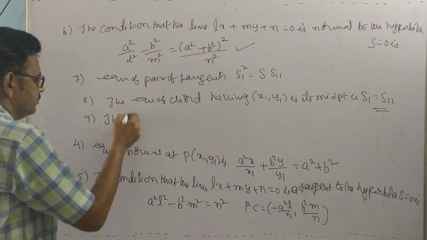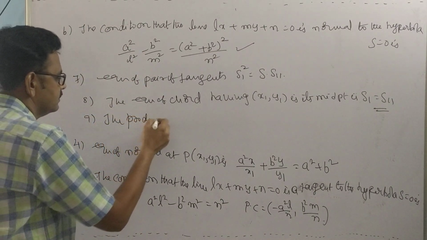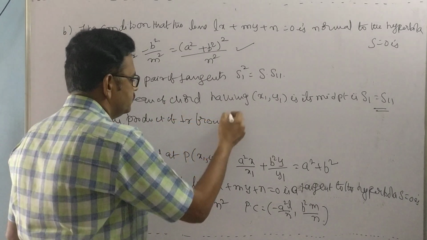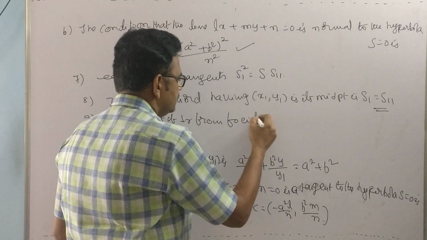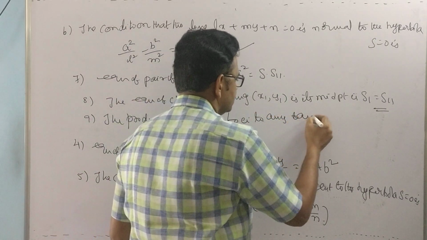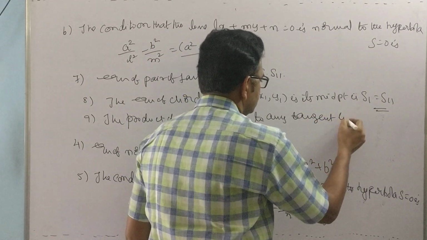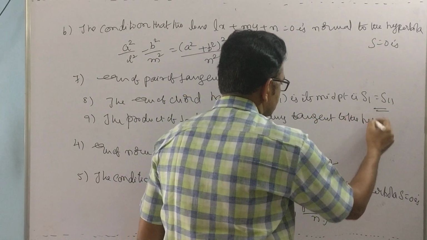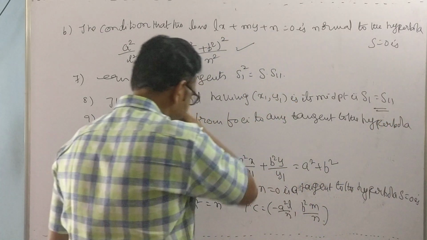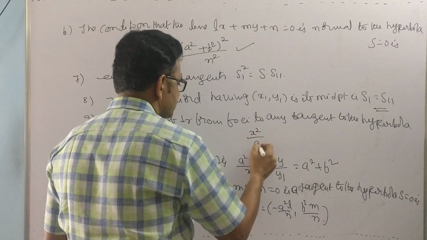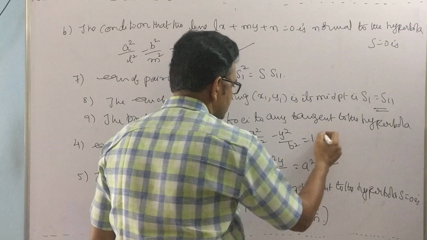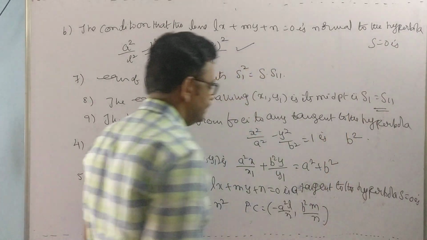The product of perpendiculars drawn from foci to any tangent to the hyperbola x square by a square minus y square by b square equal to 1 is b square.